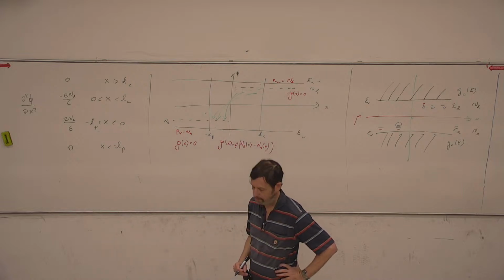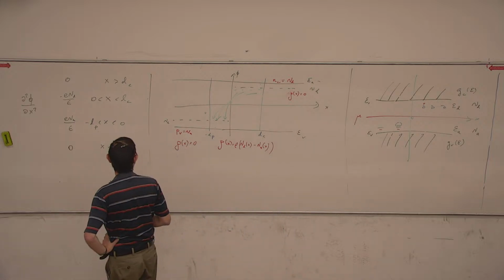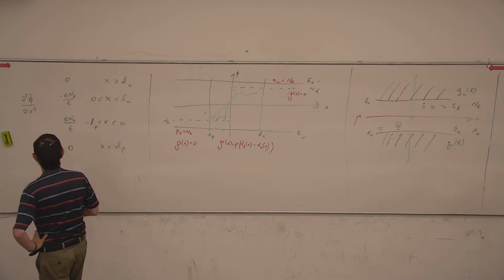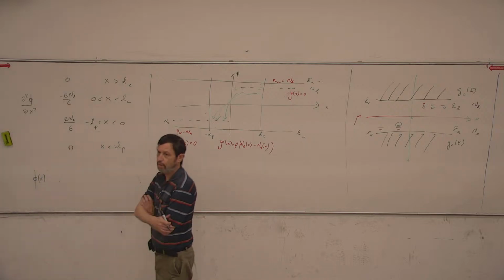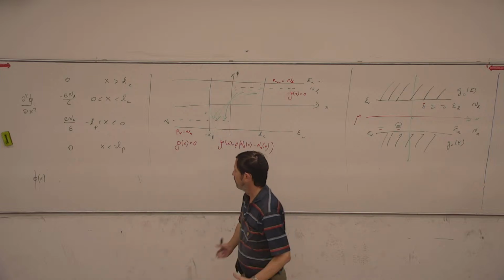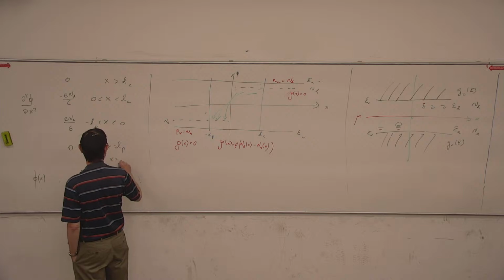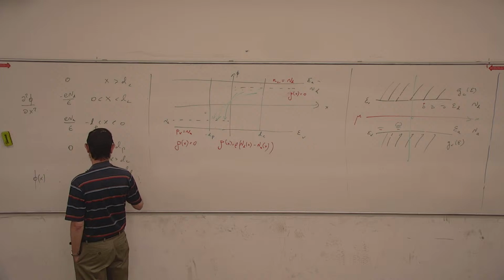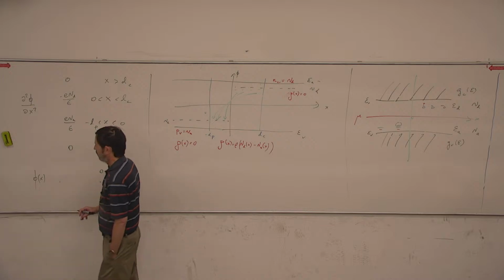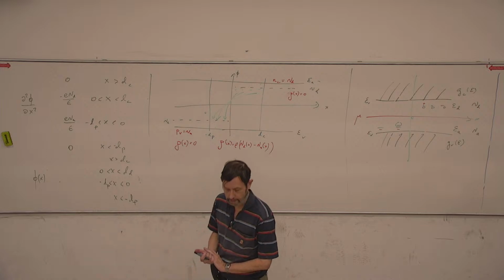Okay. What is phi of x for these four regions? Okay, two of them are extremely easy.